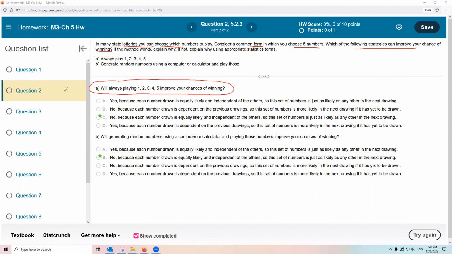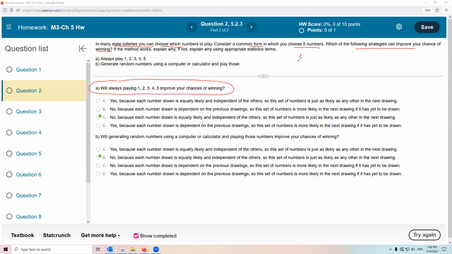Well, if you think about it, picking any 5 numbers, it's really not going to matter which numbers you pick, because every group of 5 numbers is equally likely to be selected in a lottery. We're assuming here that when they pick these lottery numbers, every number has an equally likely chance to be selected.